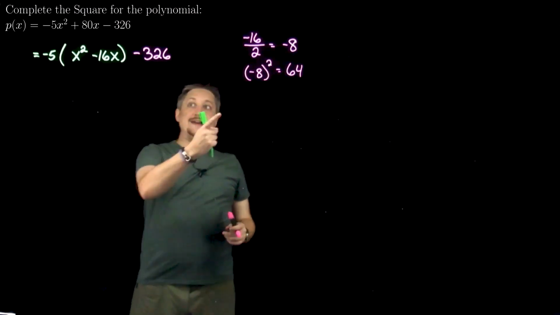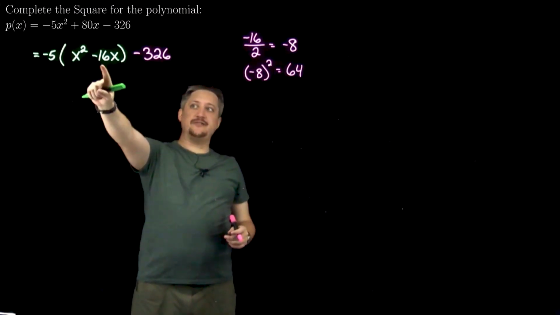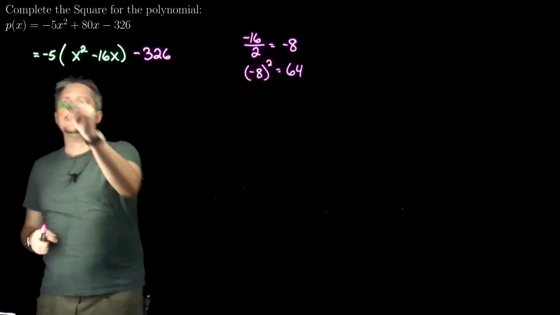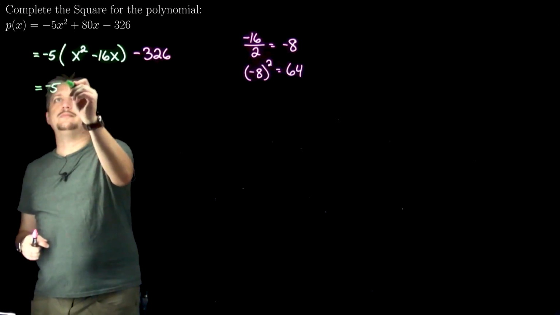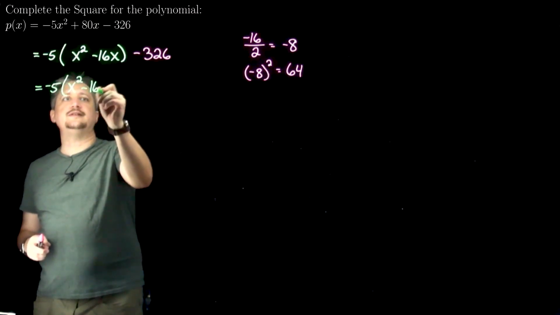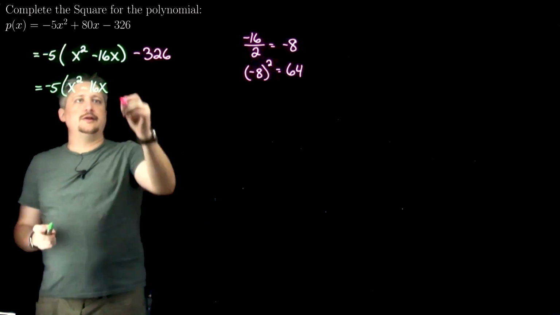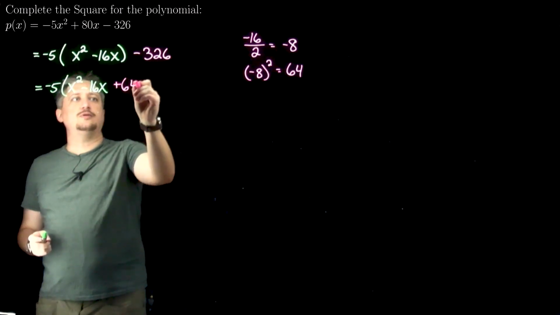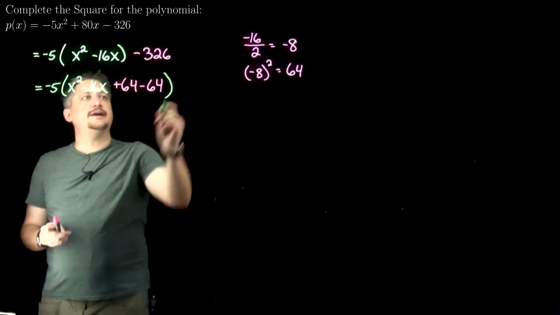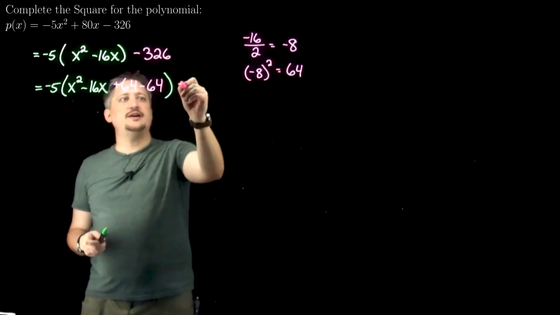In particular, I'm going to add and subtract that 64 inside the parentheses because I want it attached with the x squared and the x. That gets me -5 times x squared minus 16x plus 64 minus 64. And again, I have the -326 just tagging along.